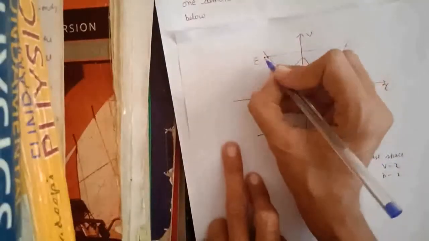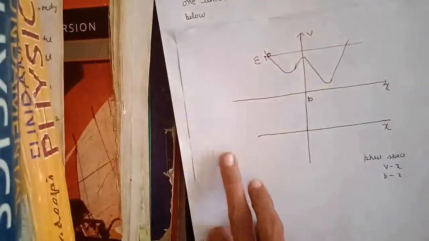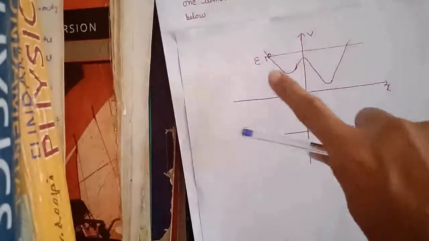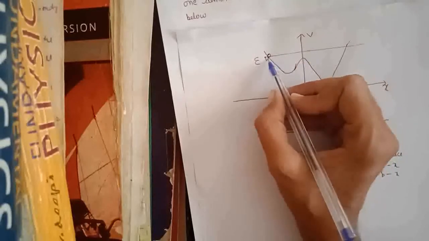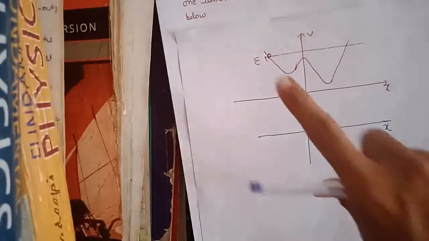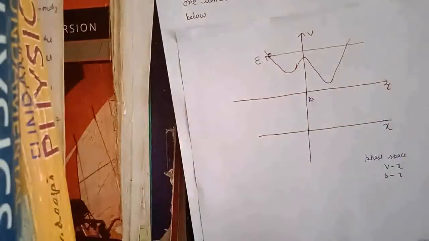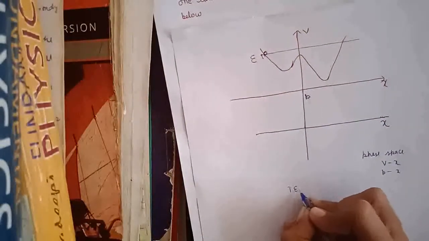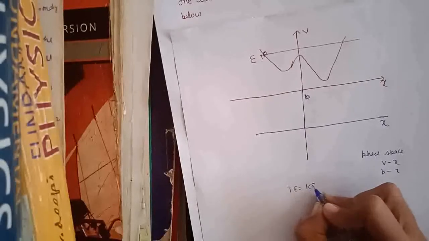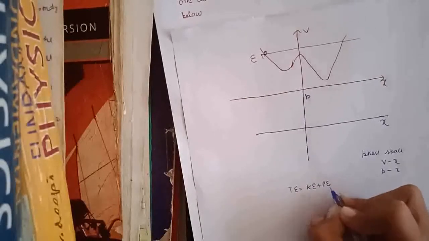So let's start here. Suppose the particle is present over here. That means its total energy is E and the potential energy is very high. If potential energy is very high, kinetic energy will be less. We know that total energy is equal to kinetic energy plus potential energy.